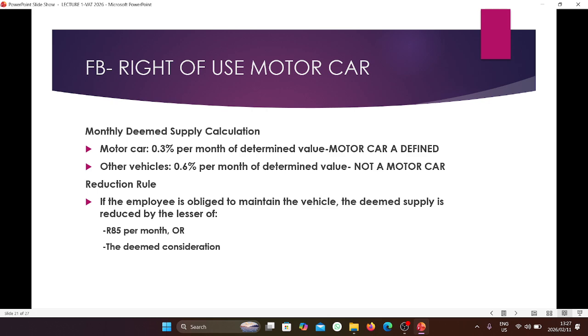So first you get the value of the car, multiply it by either 0.3% or 0.6%. Whatever amount you get there, you can then reduce by either 85 rand or the deemed consideration, provided that you are maintaining the car, not the employer. If the employer is the one maintaining the car, then you do not have any reduction.